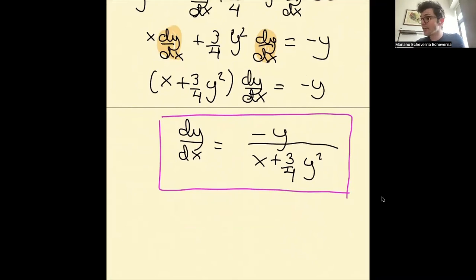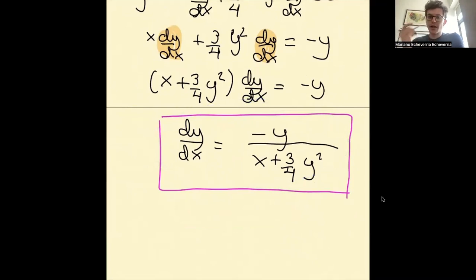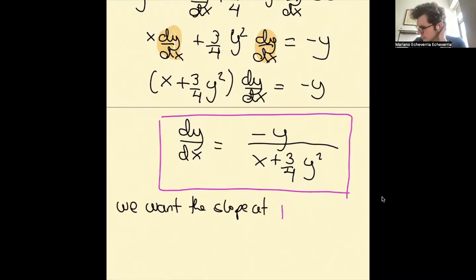And again, this is a formula for the slope of the tangent line, because that's the derivative. But we want the slope not at a random point. We want the slope at p equals (1, 2). I believe that's a point I had chosen.